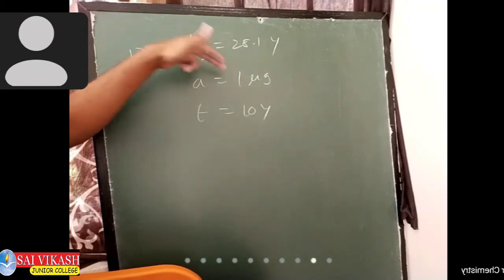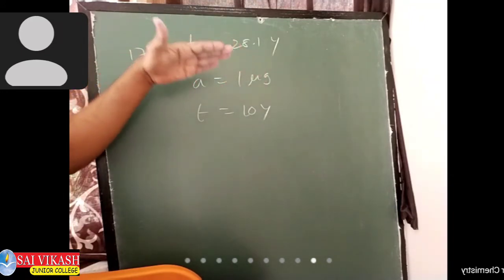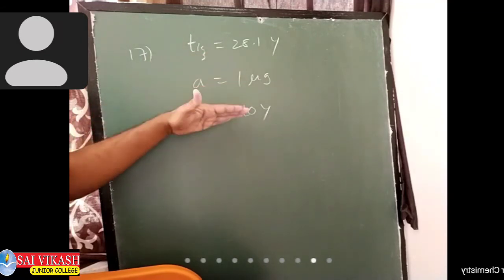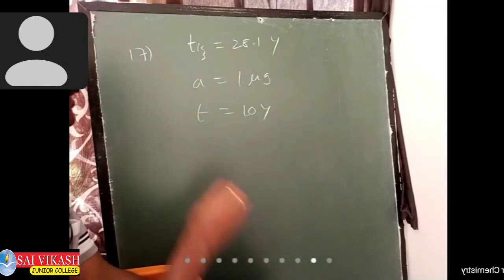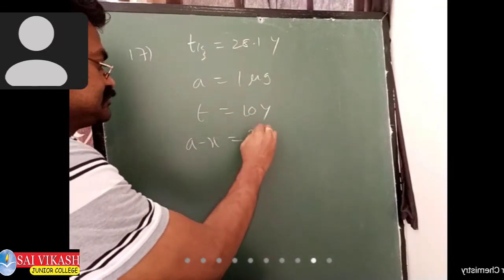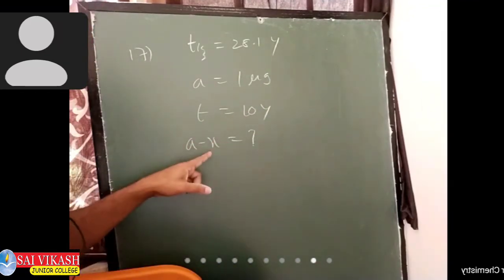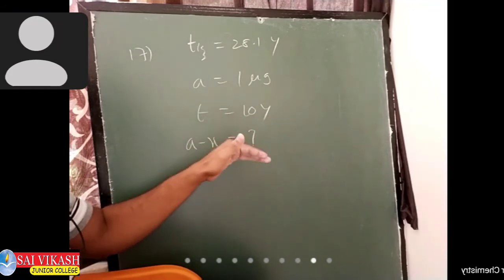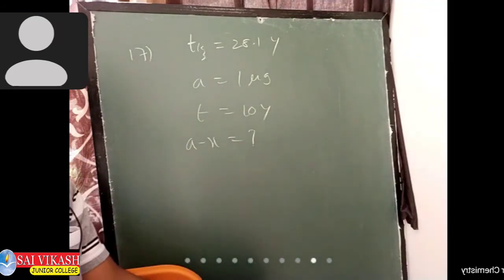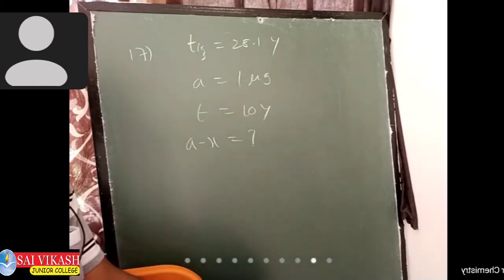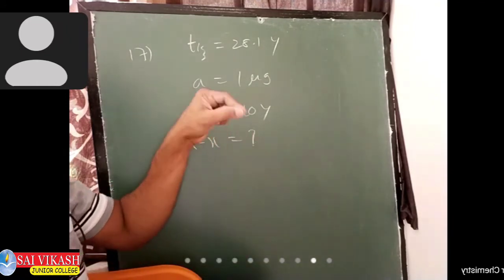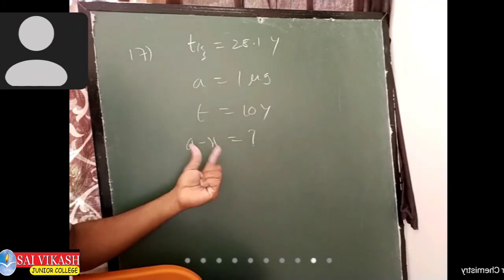Initial amount is 1 microgram. So how much amount is left after 10 years? Left means a minus x. How much is reacted is x, how much is left is a minus x. So they're asking for a minus x.